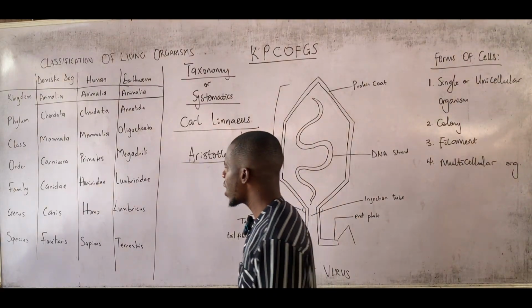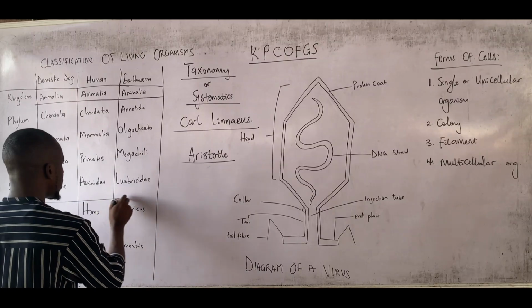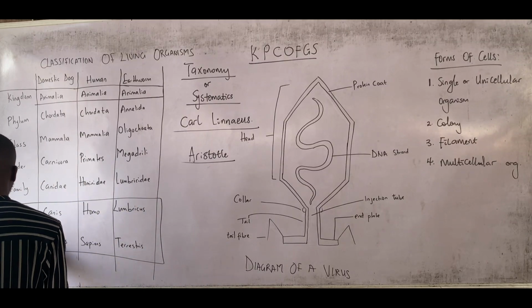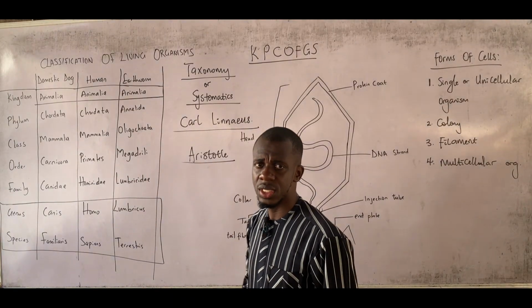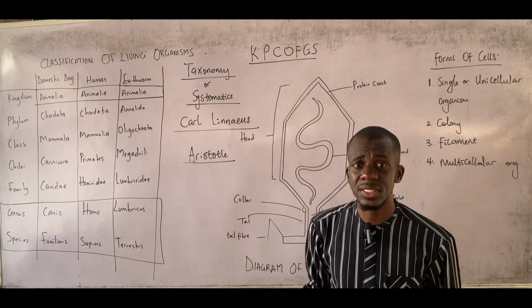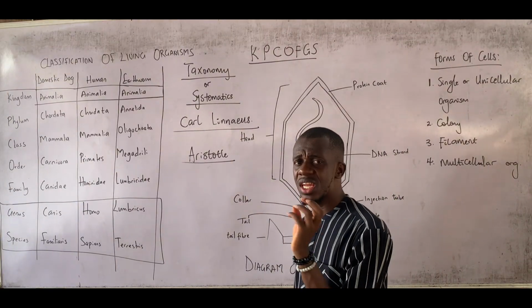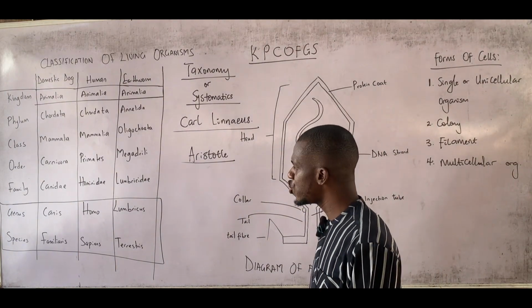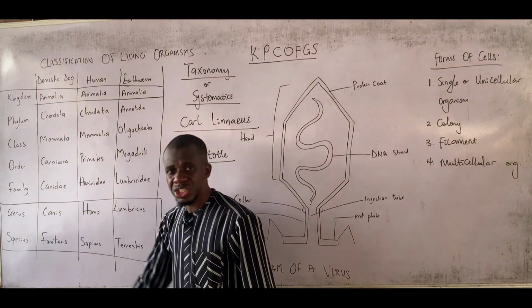Now, again, I need you to know that there is something in biology that we know as scientific names. Organisms possess scientific names. The scientific name of an organism is usually a combination of the genus and the species.